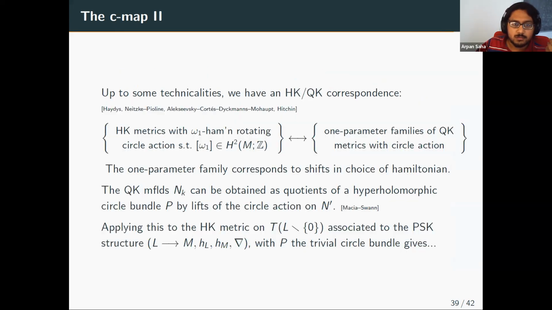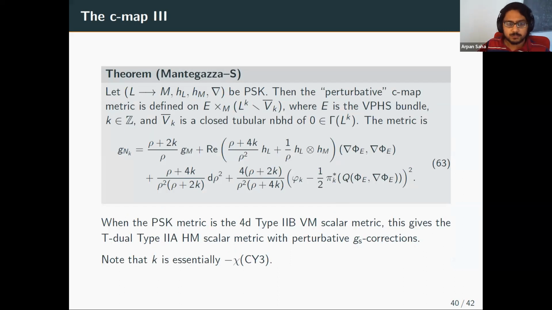So very briefly, as I mentioned, the C map is something that should take in a PSK manifold and give you a quaternionic manifold as a bundle over it.